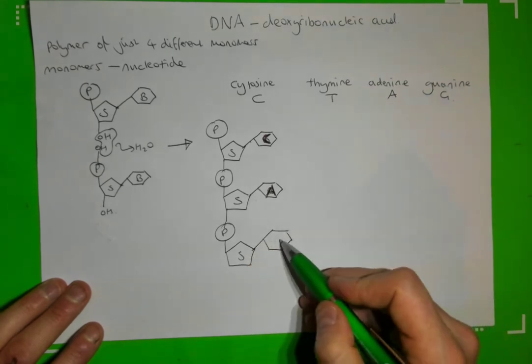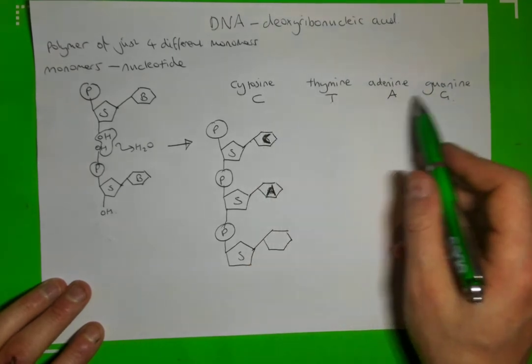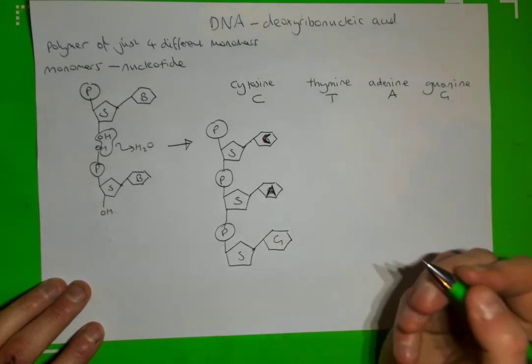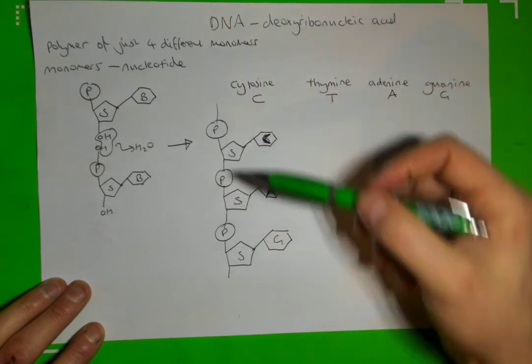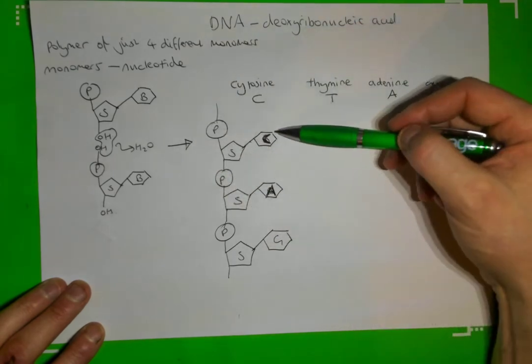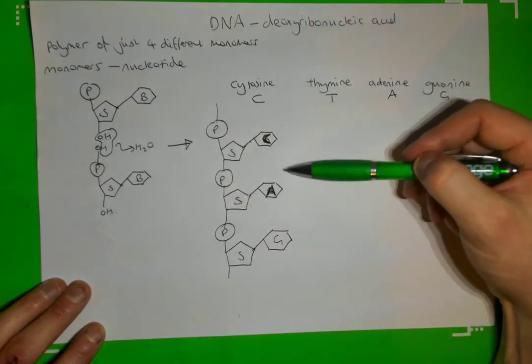And again, that could be anything. It could be C, T, A, or G. Let's go for G, okay? And the process would just keep on repeating itself. And you have this long strand of DNA with a unique sequence of bases.